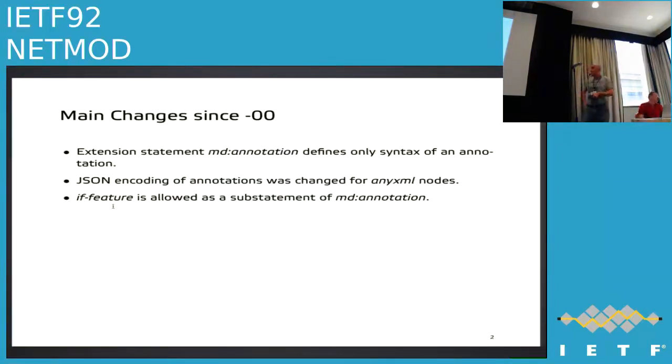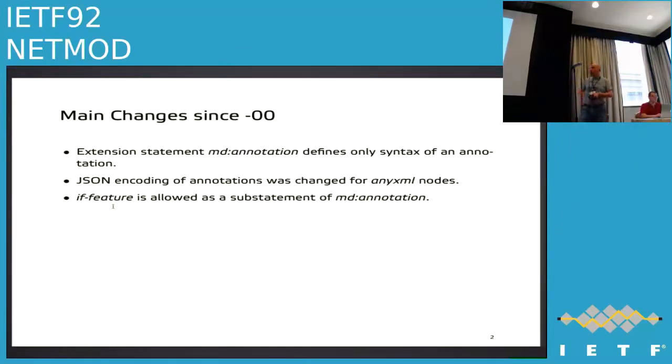The 00 revision was presented in Honolulu, and I think it was Kent who rightly pointed out that, because it's an extension, it cannot be used for defining any behavior of servers and clients, because each party, or the client, may ignore any extension by the rules of YANG.